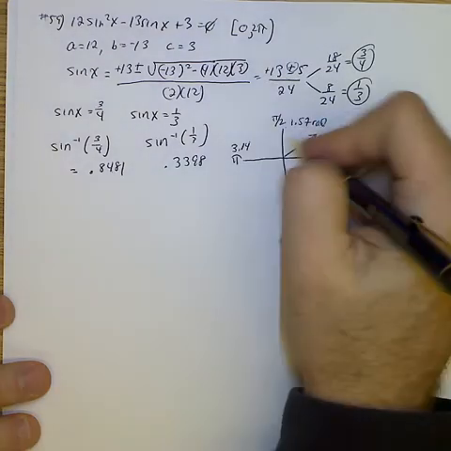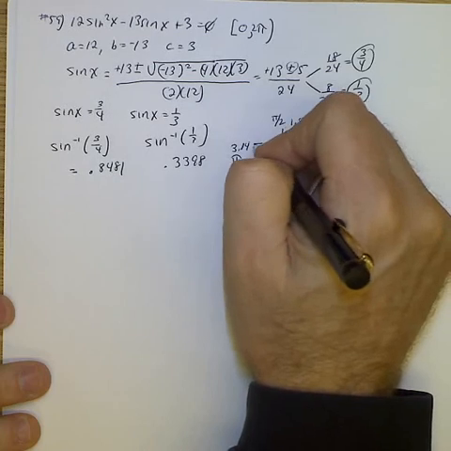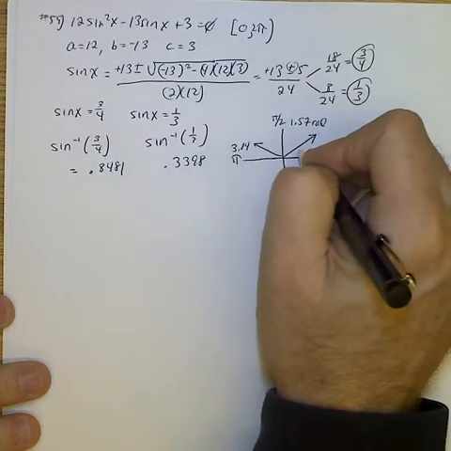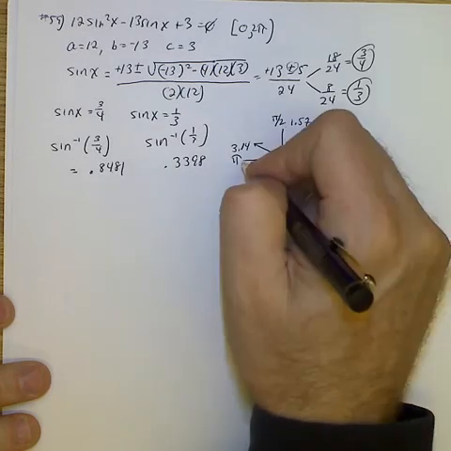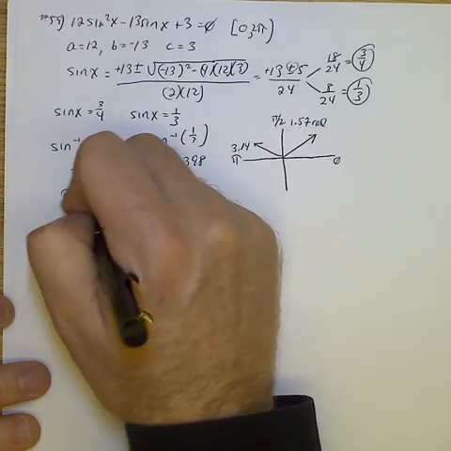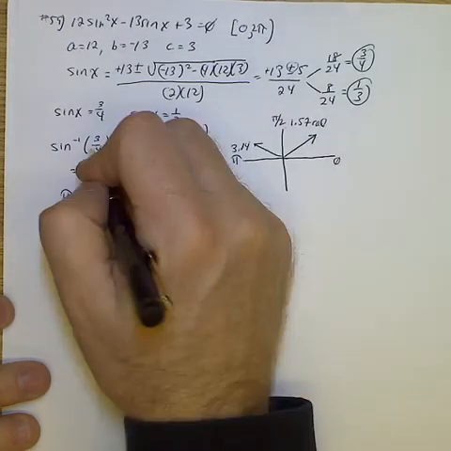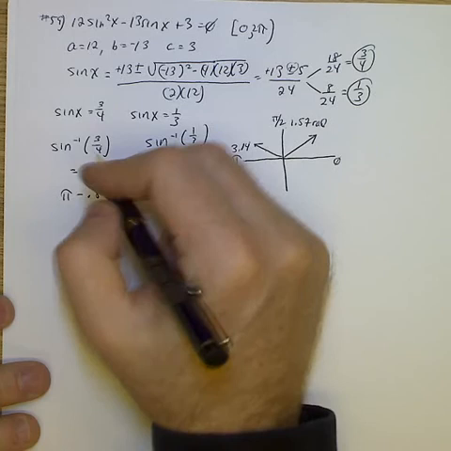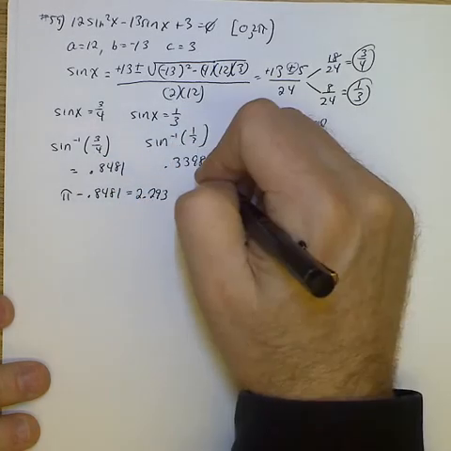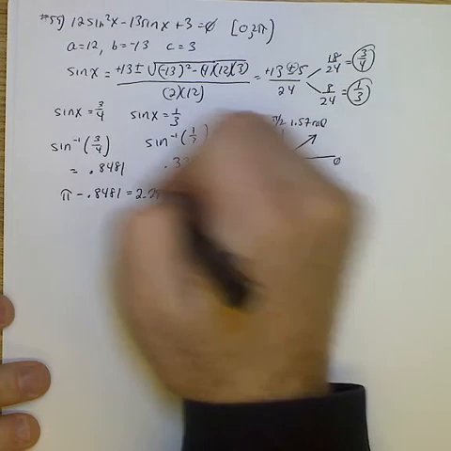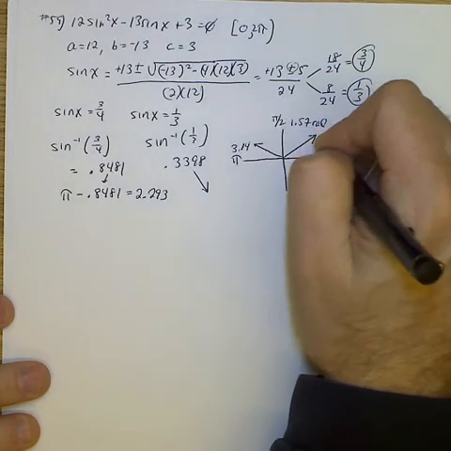But because it's positive, we need the second quadrant angle as well that goes along with 0.8481. And you do it the same way as before. This time we take pi minus 0.8481 to get the second angle that supports this equation, and we get 2.293. Similarly, 0.3398 is also somewhere here in the first quadrant.